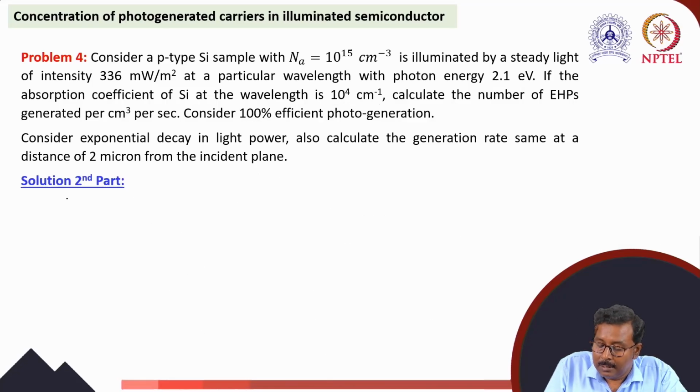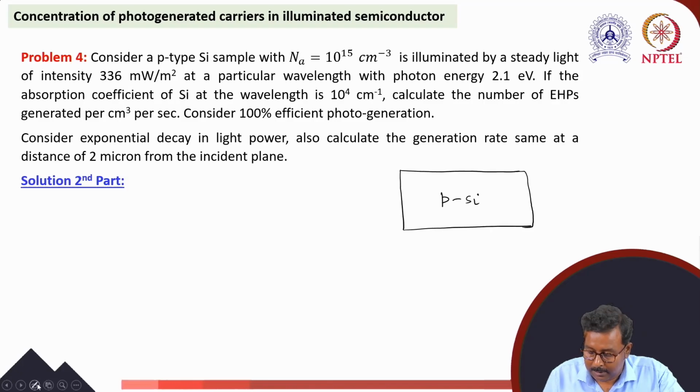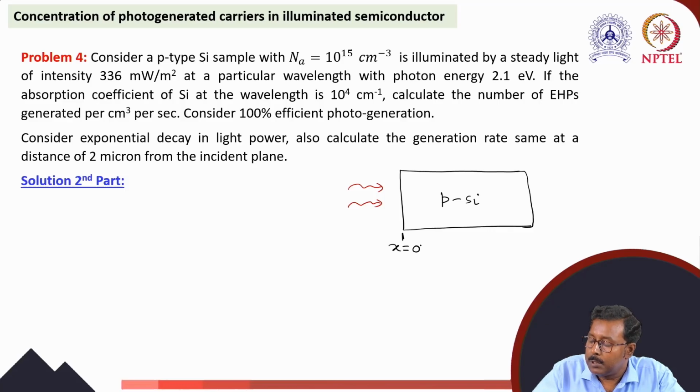So for the second part, you consider that this is the P silicon bar. So light is illuminated from this side. This position is equal to 0.